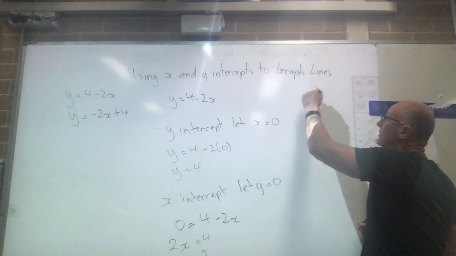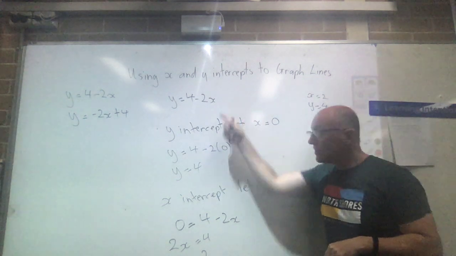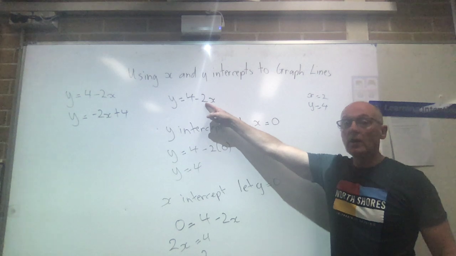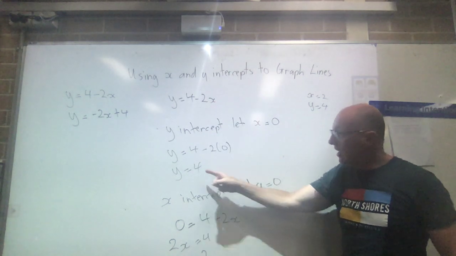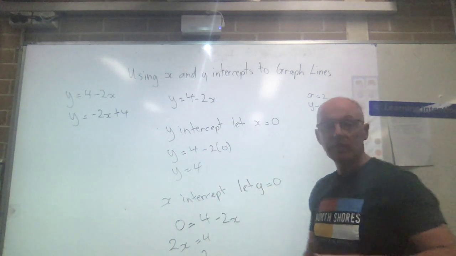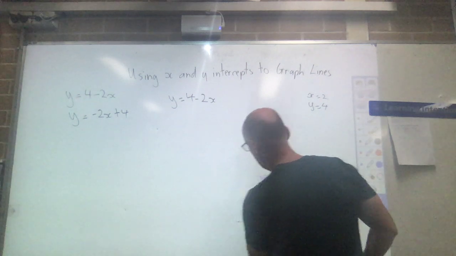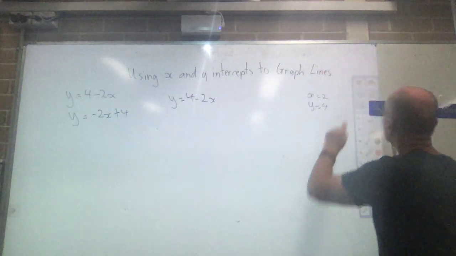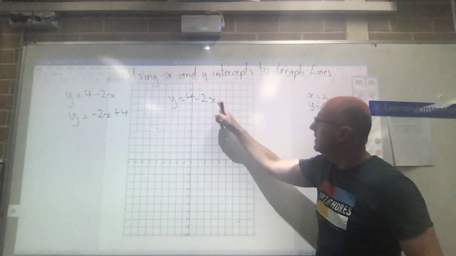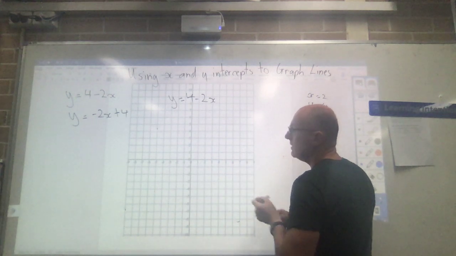What we've got here is x equals 2 and y equals 4. To visualize the point of that, if I want to draw that line onto a Cartesian plane, I now know two key points, the x and the y-intercept. So if I bring back that Cartesian plane, I know this equation has an x-intercept of 2, so I'll put that here. That's the x-intercept.